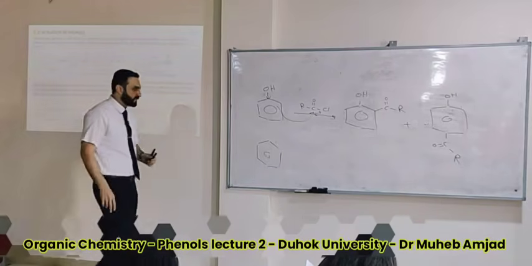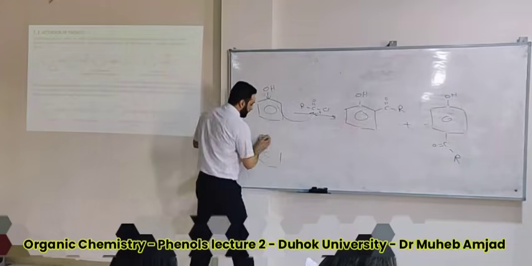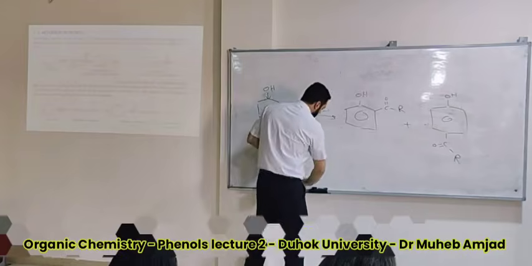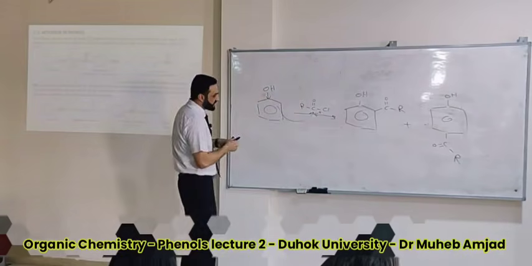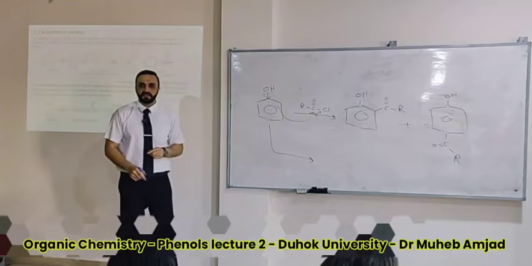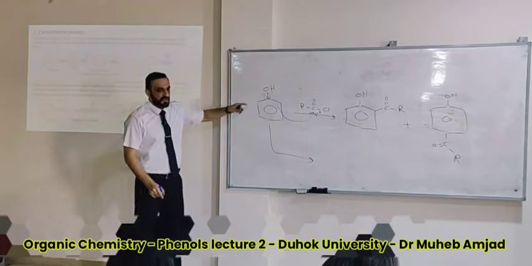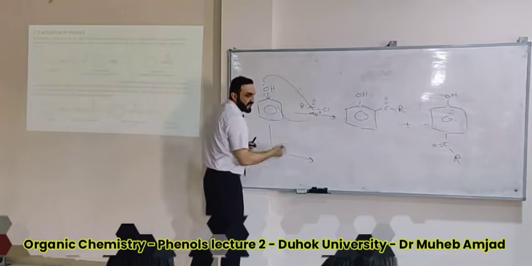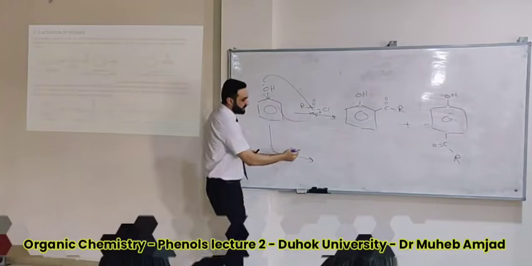So you have two types of acylation for the phenol. This is number one, and the second type is acylation on the oxygen of the hydroxyl. The electrons attack here, and it will give you this.